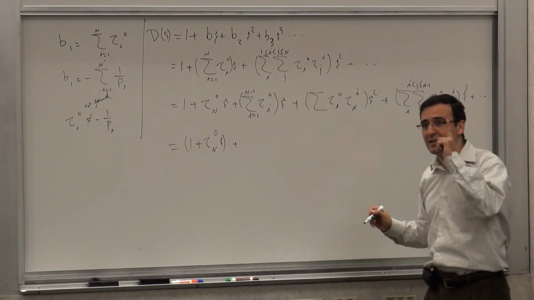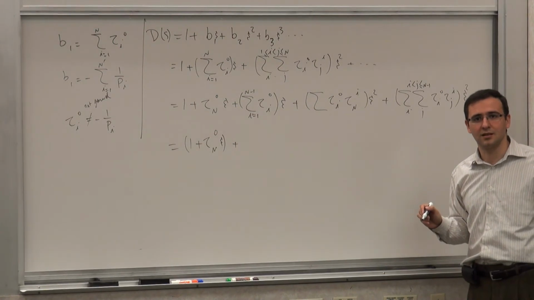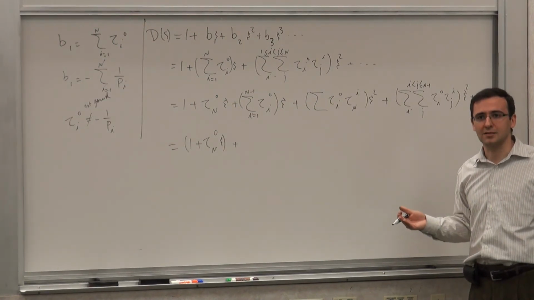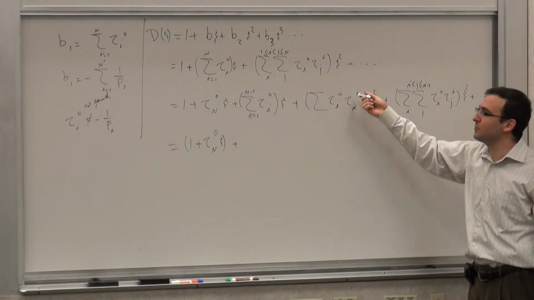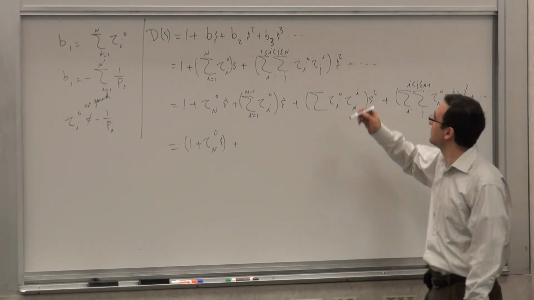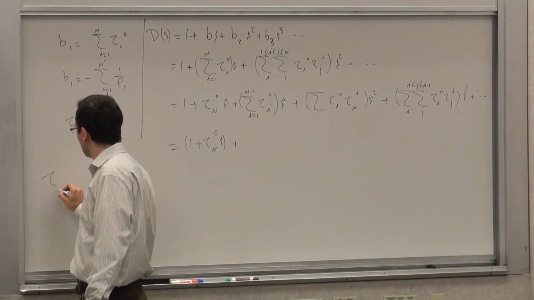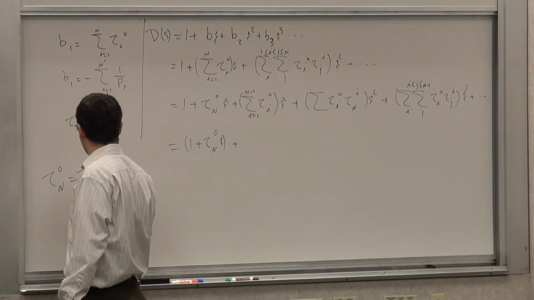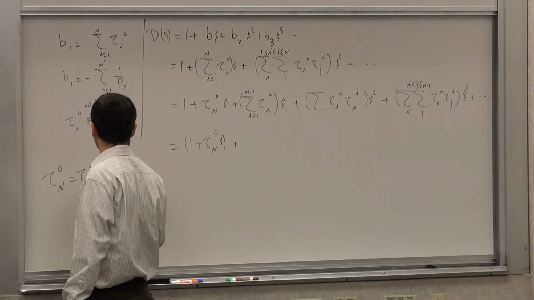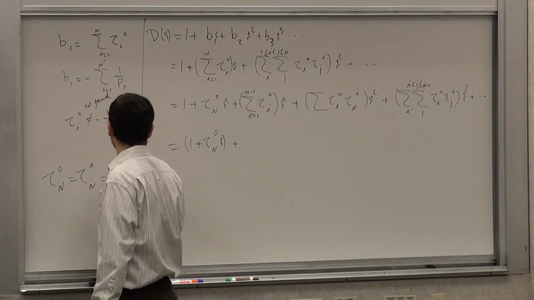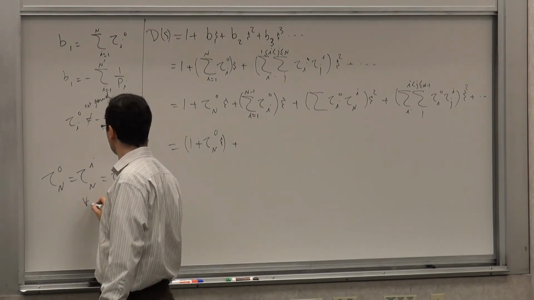Now, if the nth time constant is uncoupled from everyone else, it means that it doesn't matter what the superscript is. It's always the same. So it means that tau n0 is equal to tau ni for all i's, is equal to tau nij for all ij's.